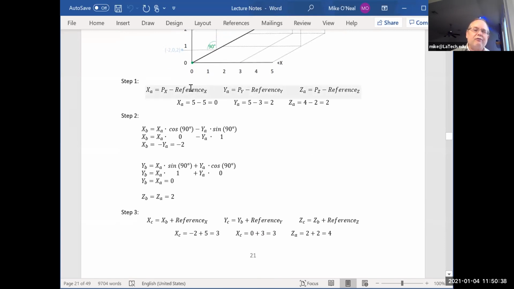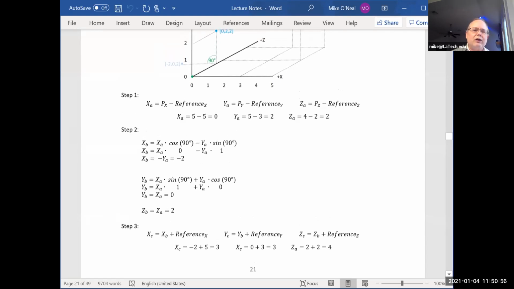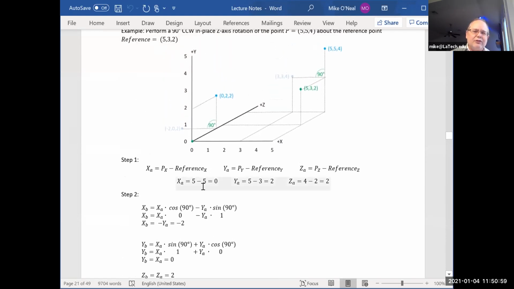You subtract off the reference point, reference x, reference y, reference z, and that gives us xa, ya, za. If you do the math there, the original 5, 5, 4 becomes 0, 2, 2.